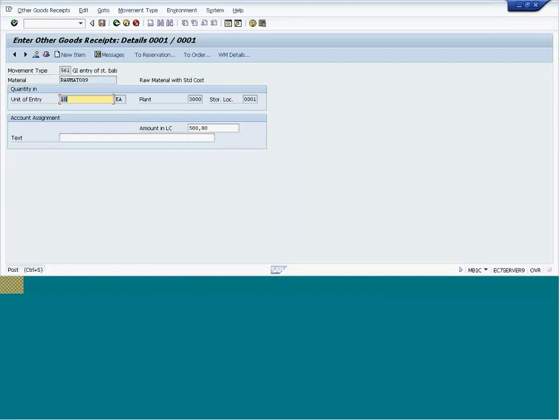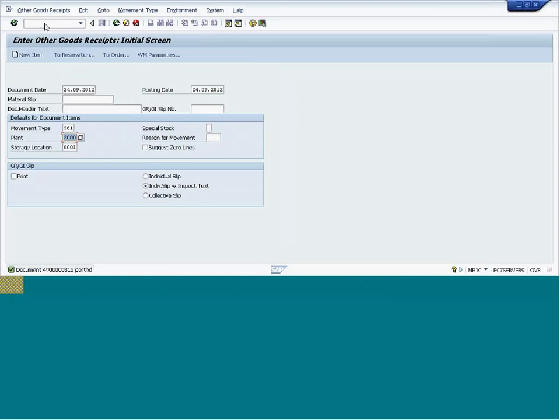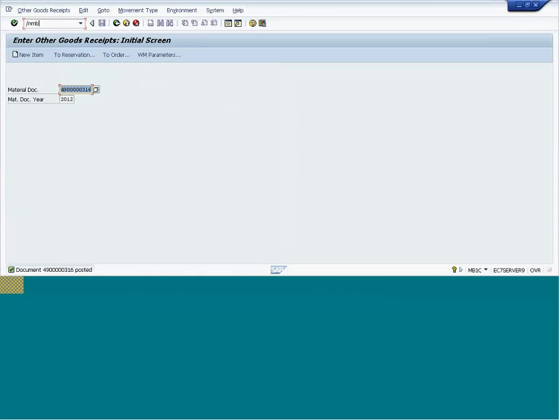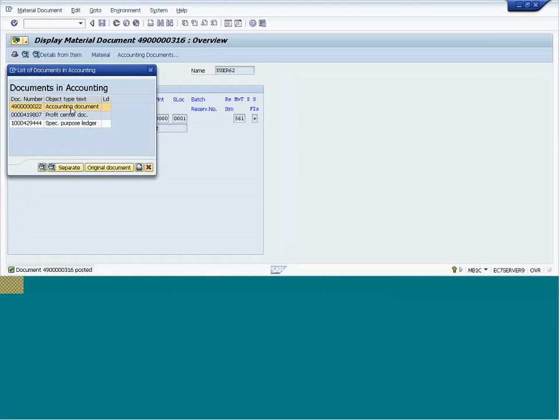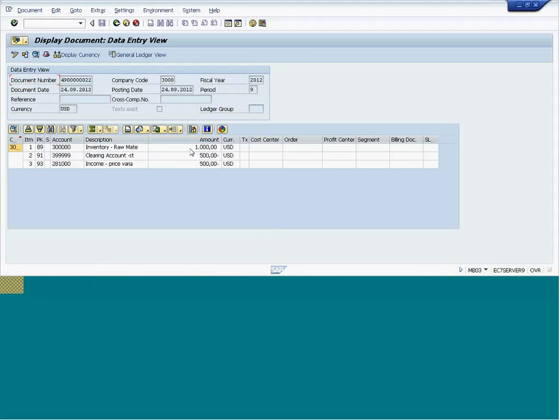Now if you go and see the material document, the accounting document here, the inventory is still valued at 1,000, and the price variance is impacted here. This is the price variance. And if you go and see your inventory, still it is $1,000.